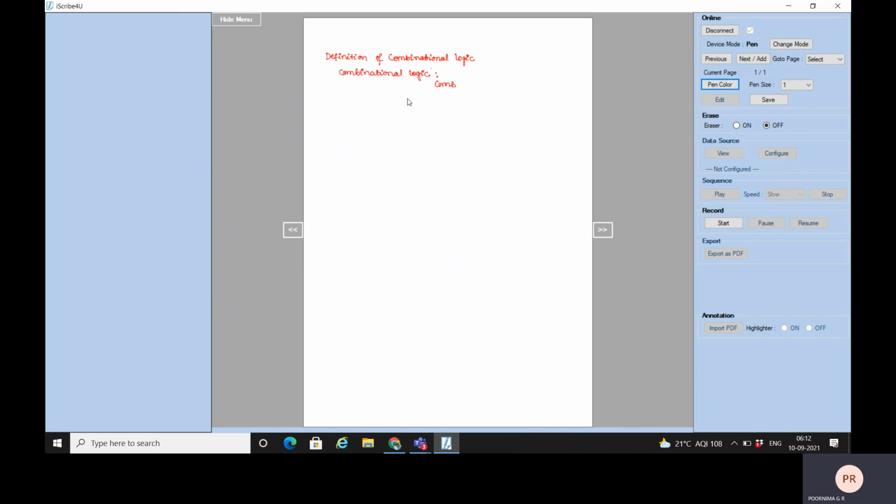definition. Combinational logic is defined as the combination of, or combining, basic gates into circuits that perform desired functions.